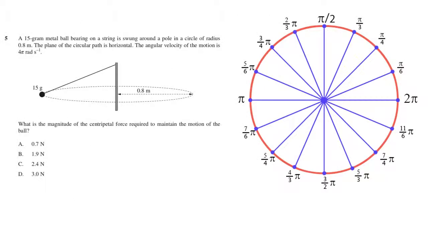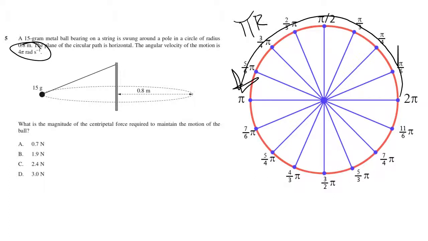First up, we want to make sure we understand what we mean by 4 pi radians per second. If we start here and go all the way around to there, that's pi radians, so that's half a circle. If we go the rest of the way around, we've gone 2 pi radians.